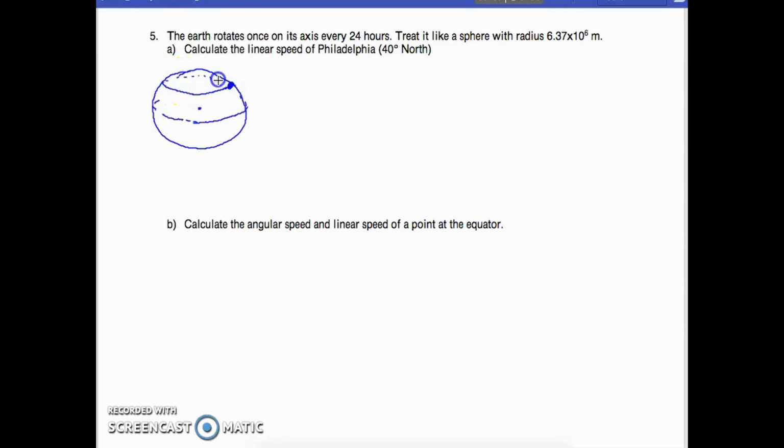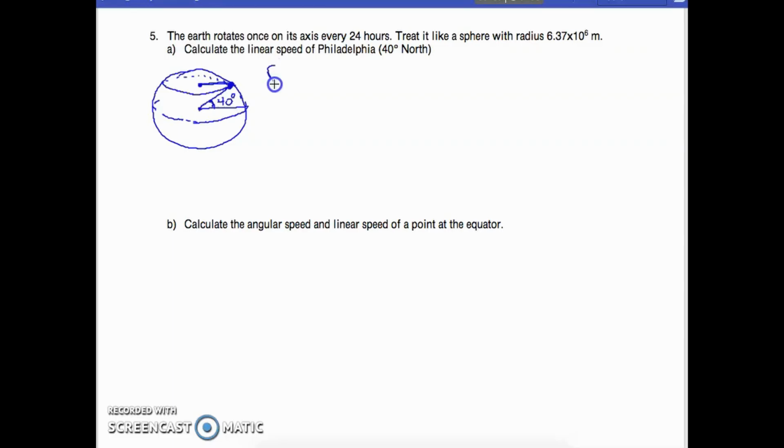So the circle that Philadelphia sweeps out is smaller than the circle that the equator sweeps out as it spins around. So if we look at the radius of the equator, radius at Philadelphia, there's 40 degrees there. But the linear circle that gets traced out is smaller. It's going to be the cosine piece of that triangle there.